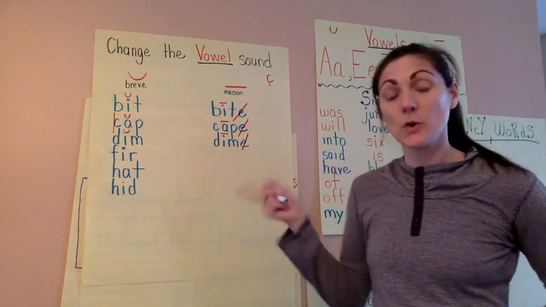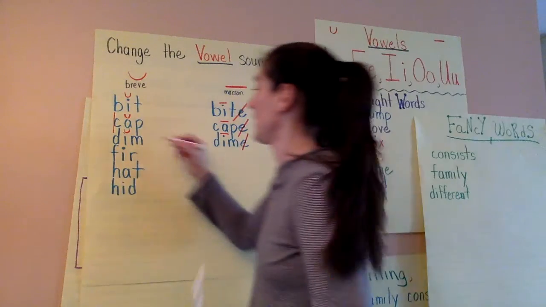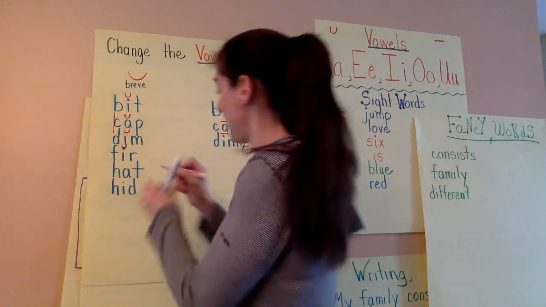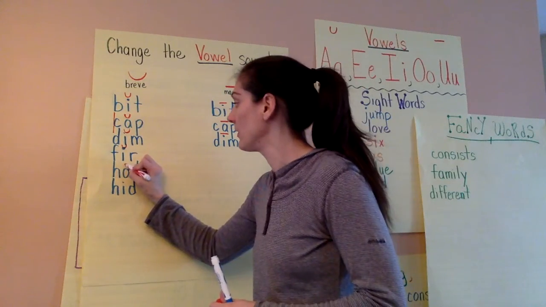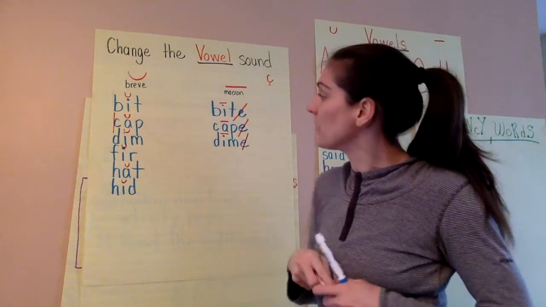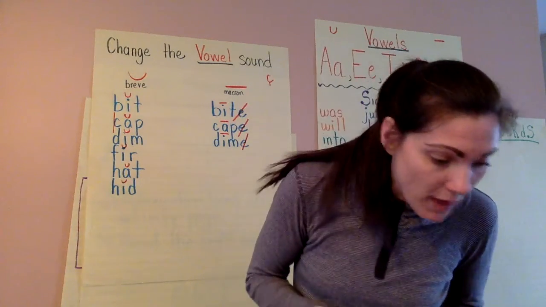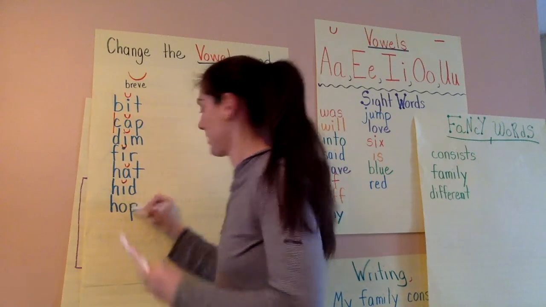So try those three at home. So right now we know that they make a short sound. So we're going to use a breve. Okay. And you know what? Let me give you one with an O sound too.